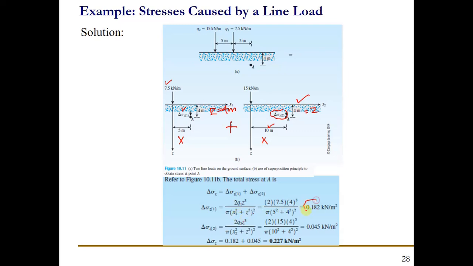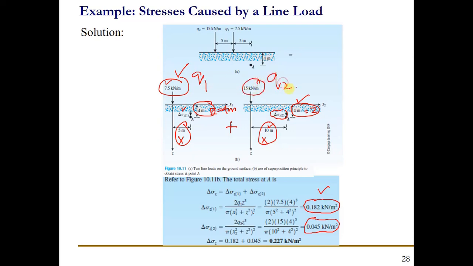Once we find out the delta sigma z1, that is 0.182, we will use that equation to find out the delta sigma z2 as well by putting those values of x 5 meter and x 10 meter, z equal to 4 meter for the two loads, Q1 and Q2.